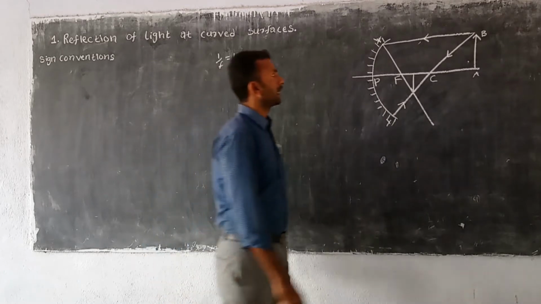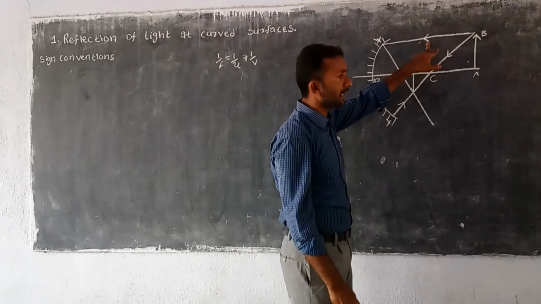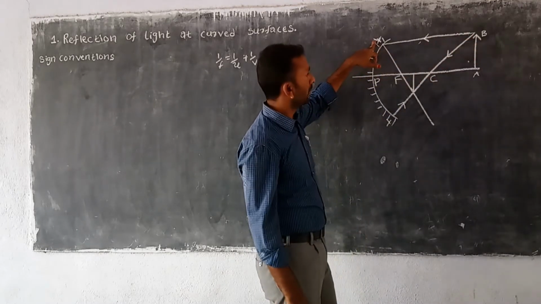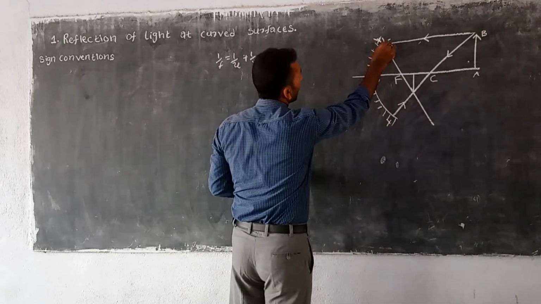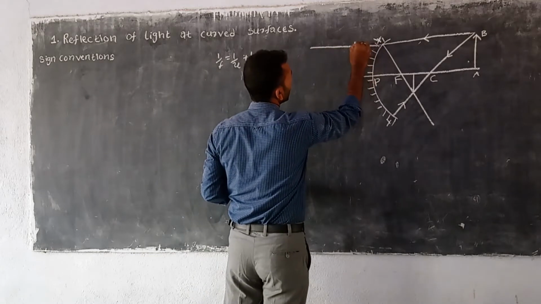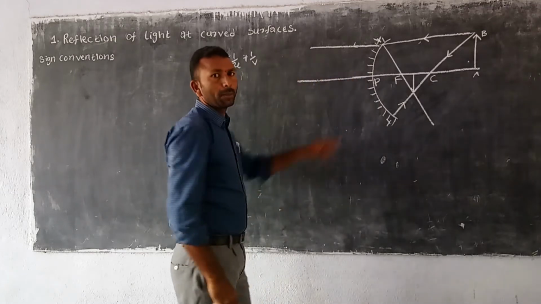In which direction is the light going here? From B to X. Actually we are measuring all values from the pole only.